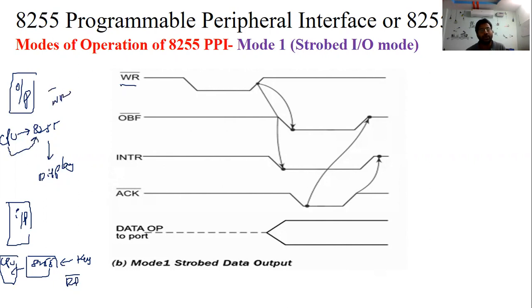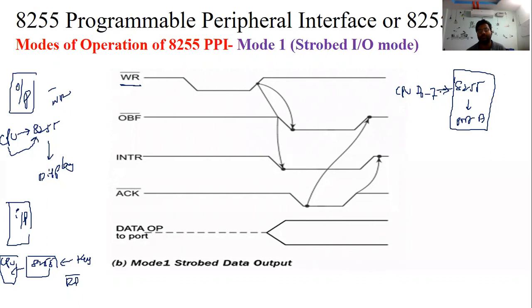Whatever data is present in the CPU, D0 to D7, is loaded into the 8255 PPI port A.